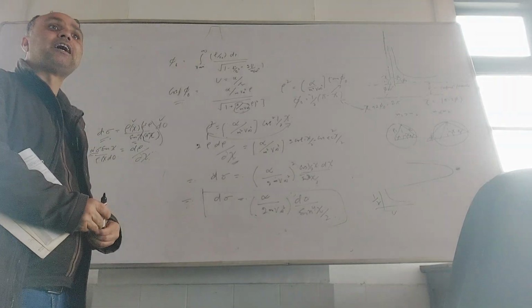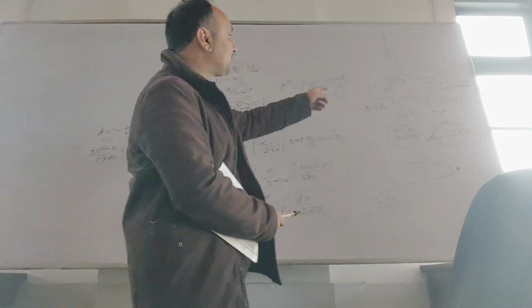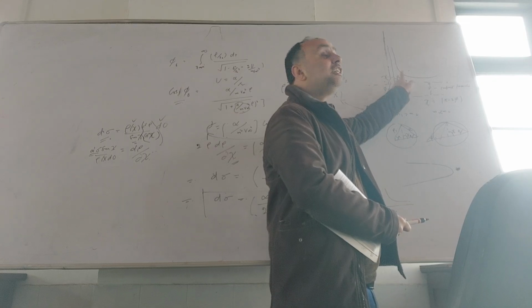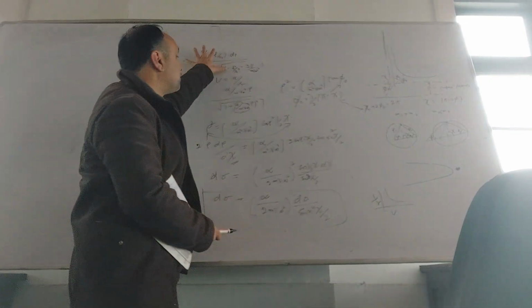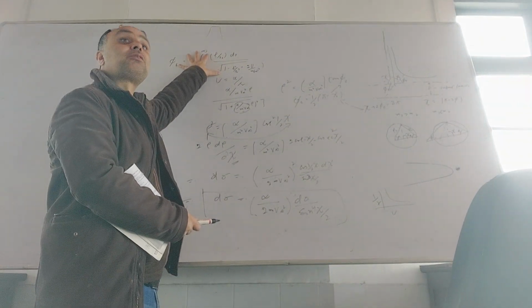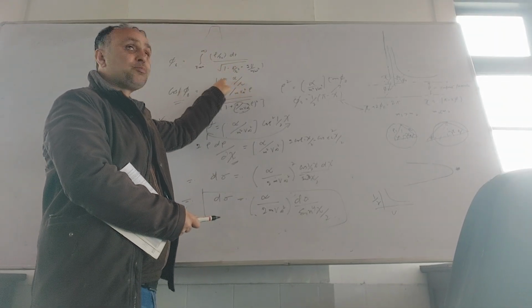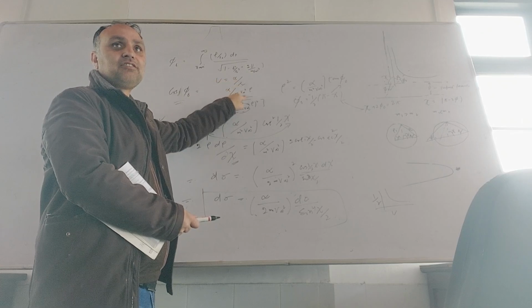We now have a classical understanding of this thing in terms of impact parameter, in terms of the scattering angle, in terms of phi naught, basically from the classical equation of motion under the potential varying as alpha by r.